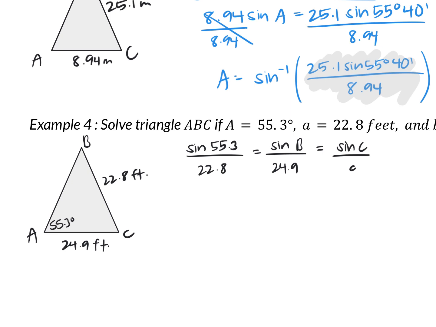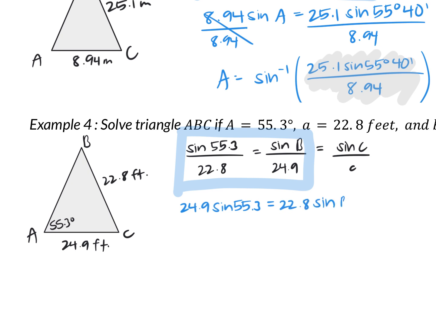B. So I'm going to go ahead and set these two proportions equal to each other, and we're going to solve for B. So I get 24.9 times sine of 55.3 is equal to 22.8 times sine of B. Now I want to get sine of B by itself, so what do I got to do?